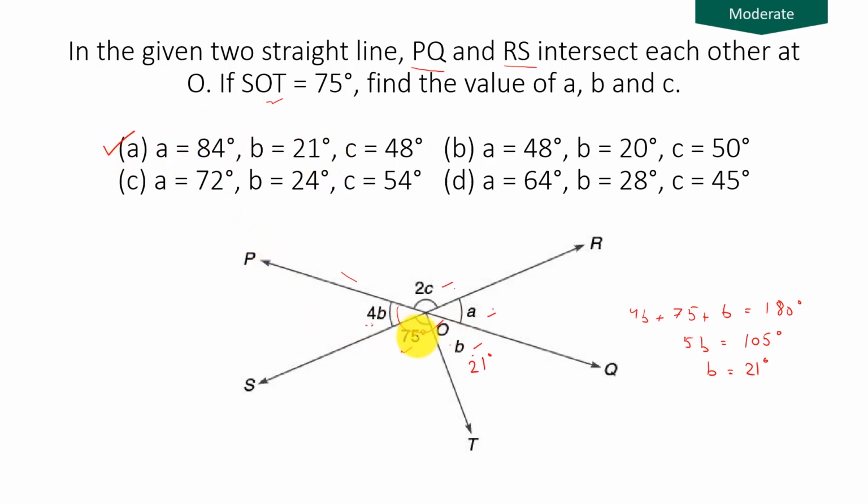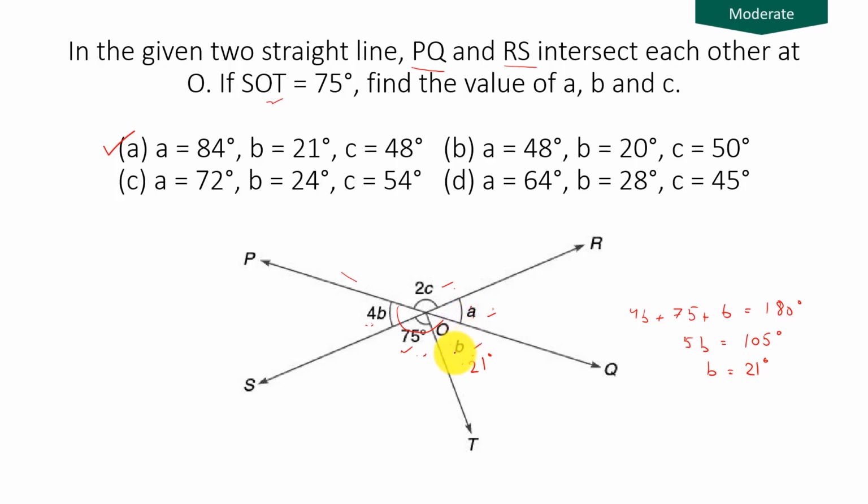However, if we want to find out the value of A and C, we can do that by looking at sides of other lines. So if I want to find out A, I'll look at the line RS and the right side of this line. So to the right we have A plus B plus 75 degrees is equal to 180 degrees.